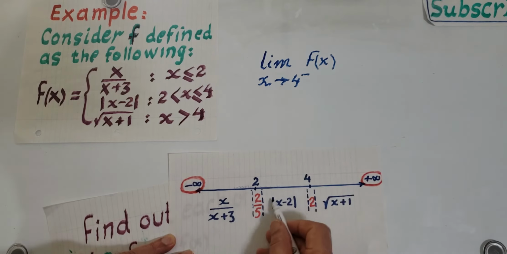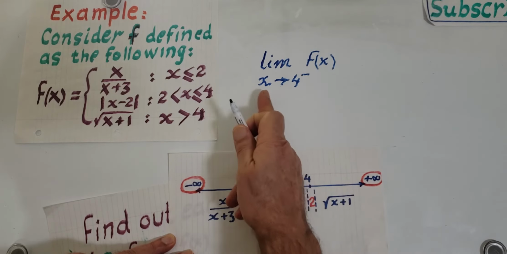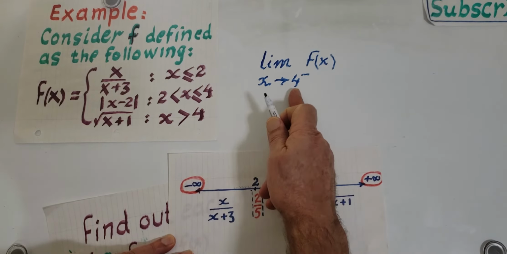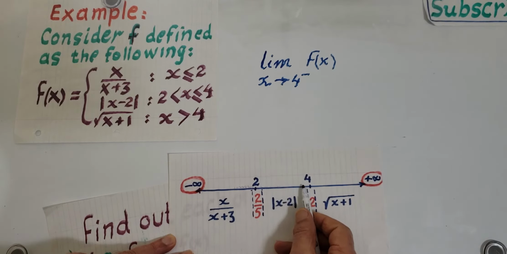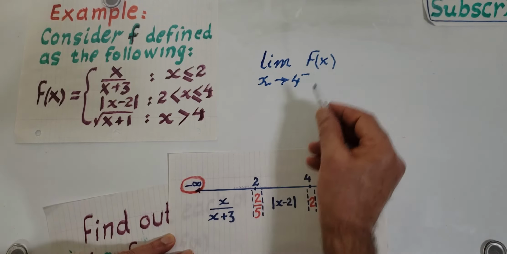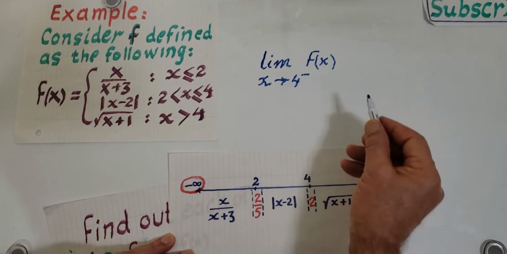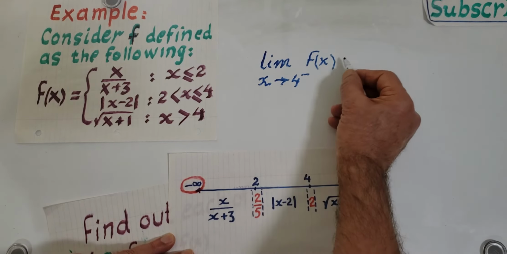So this equation, and as it goes through the values close to 4, that means the value inside the absolute value is positive. So we'll take just the case x minus 2 without absolute value.